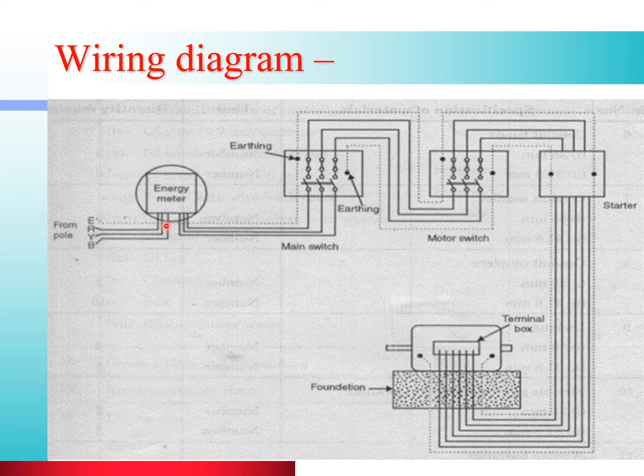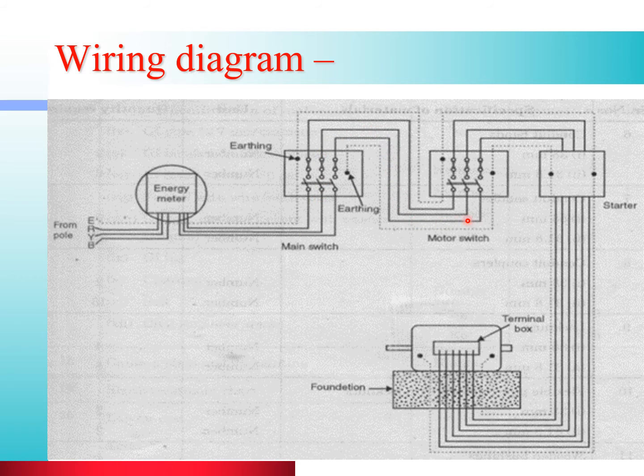This is the wiring diagram, as we have seen in the single line diagram, for the 3-phase induction motor. This is the actual wiring diagram. Here the 3-phase supply R, Y, B is given to the energy meter. Then this 3-phase supply is given to the main switch, iron clad triple pole.